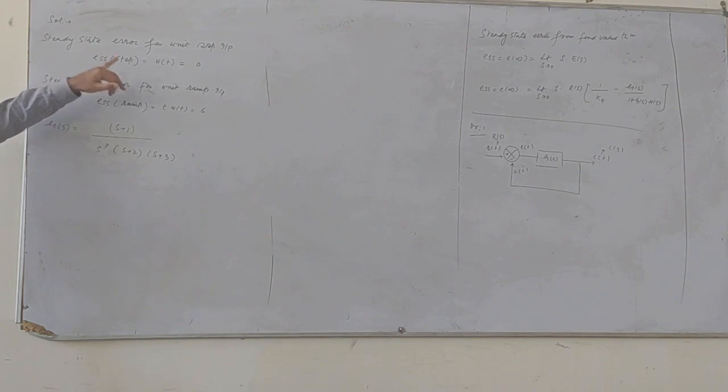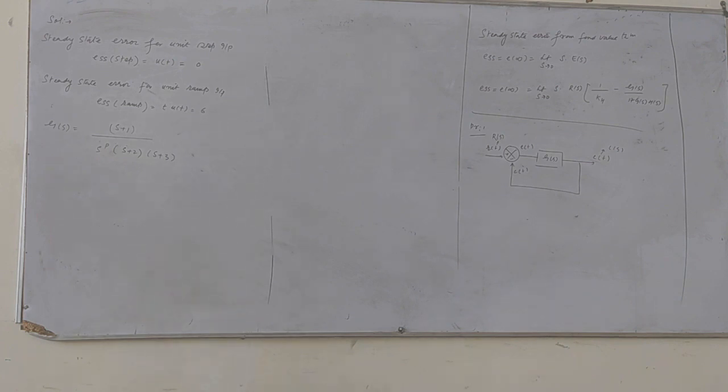The steady state error is 0, so that can only be 0 if the denominator is infinite. So that means Kp has to be infinite. Then it can be 0.